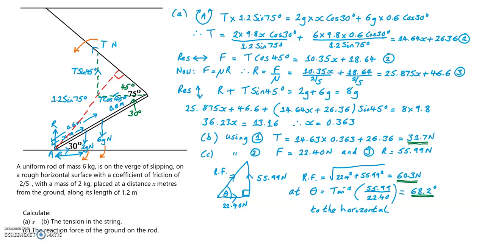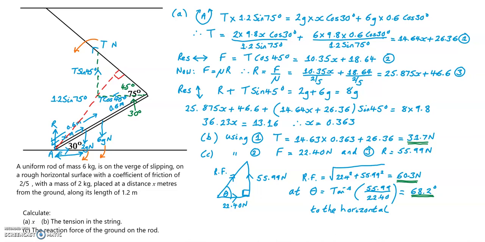So therefore x equals 0.363. So the maximum distance along that uniform rod that the 2 kilogram mass can actually be before the rod slips is 0.363 meters.